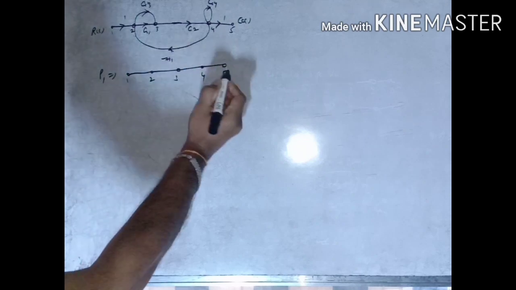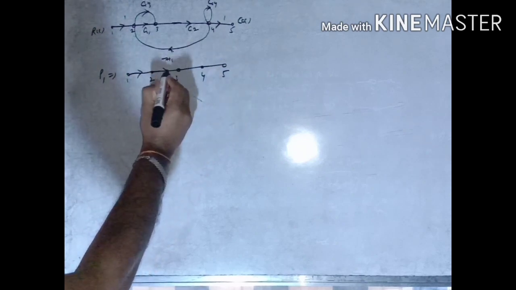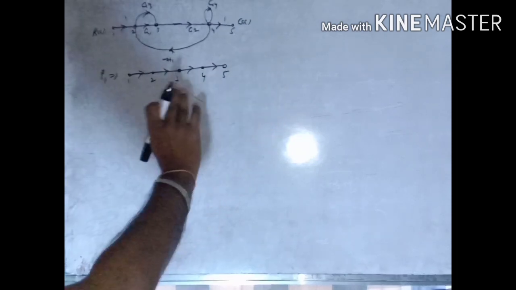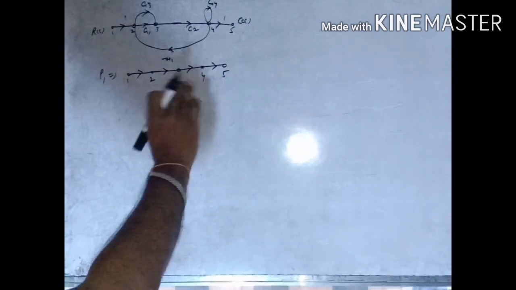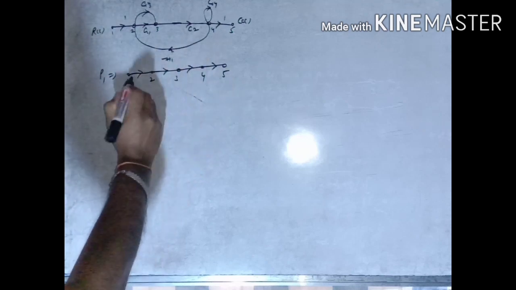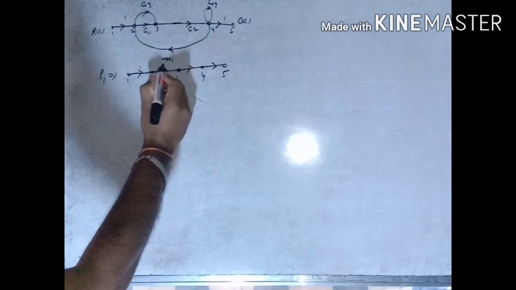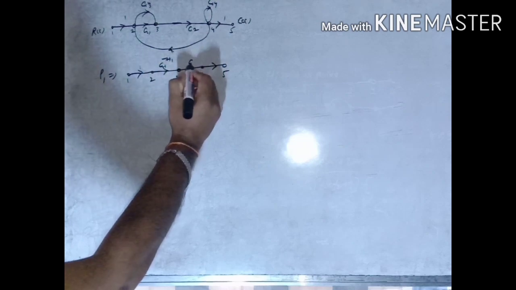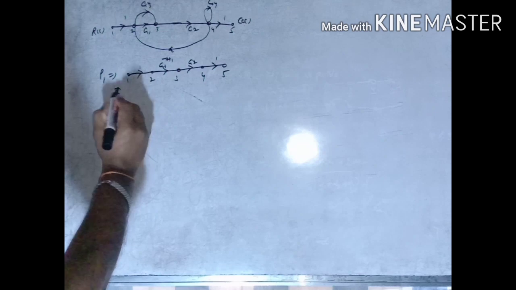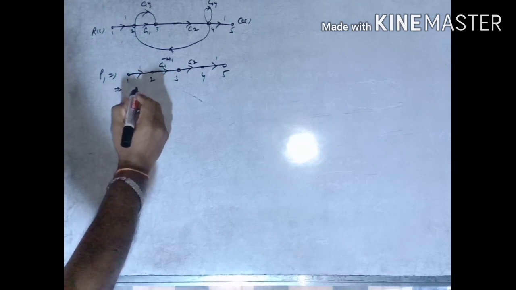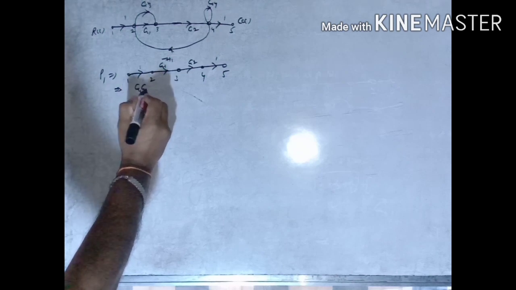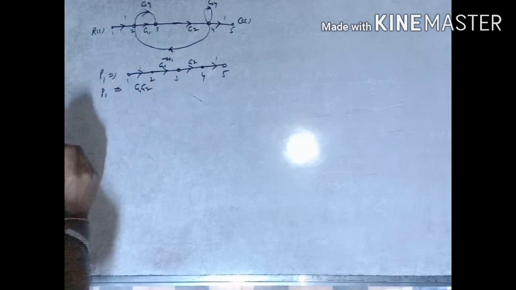Input is 1, output is 5, and the arrows are in the forward direction only, with no reverse arrow and no repeated node. So I can take this as one forward path. The gains are 1, G1, G2 and 1. The product of all these gains is 1 into G1 into G2 into 1, so P1 is G1 G2.